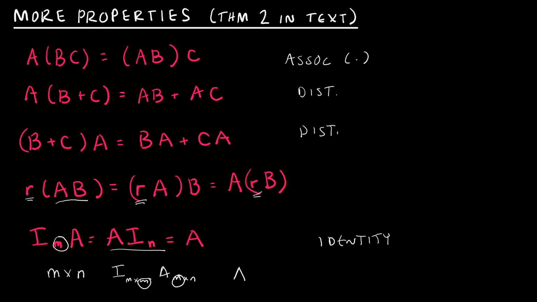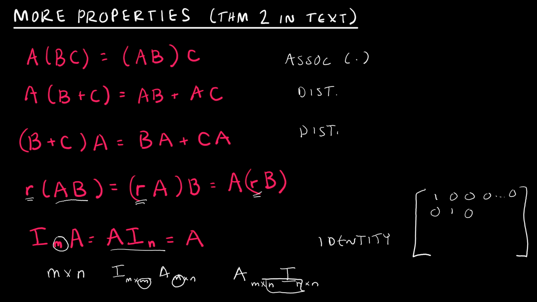If I'm taking A, which is M by N, then when I take it times the identity matrix, it has to be the N by N identity matrix in order for that to work. So again, we know the identity matrix looks like this for however many rows and columns that we have.